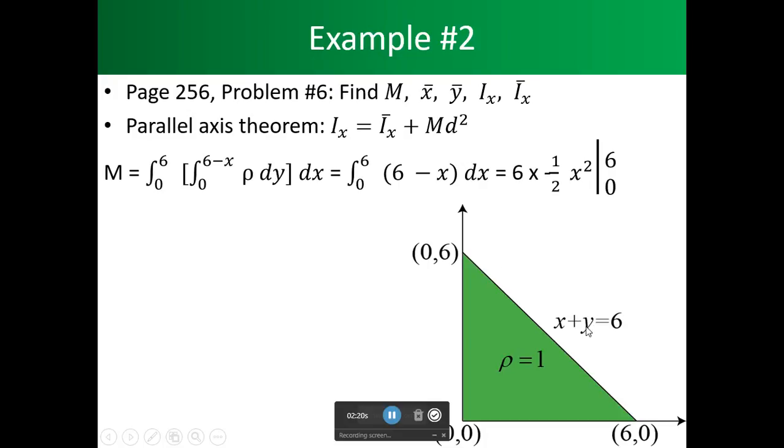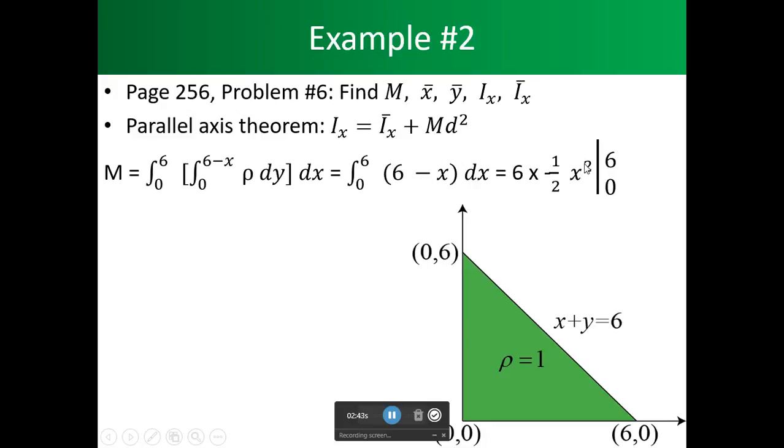So we're going to solve for y over here, and so that'll be 6 minus x. So that'll be our upper limit. So if we integrate, and like we said, rho is 1, we're just going to get the upper limit, the lower limit will drop out. That's 6 minus x dx.